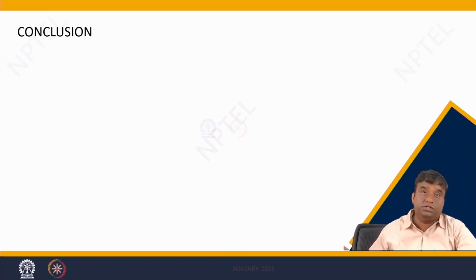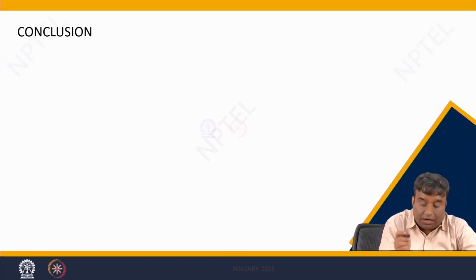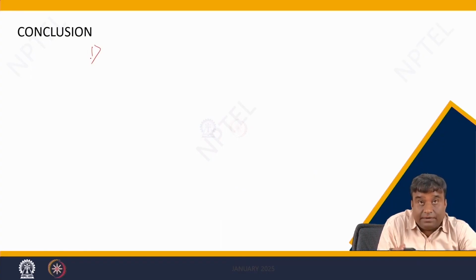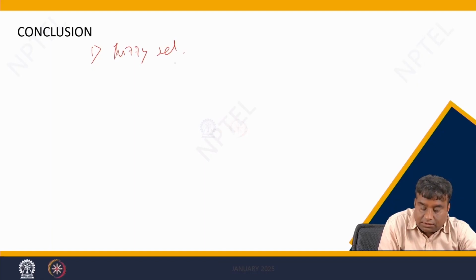So in conclusion, we have understood the following things. First, examples of fuzzy set, support and core.